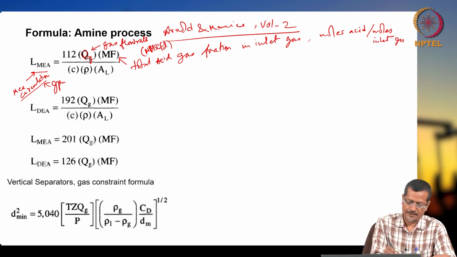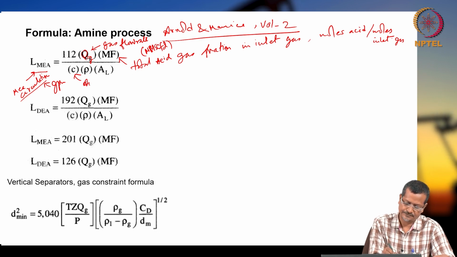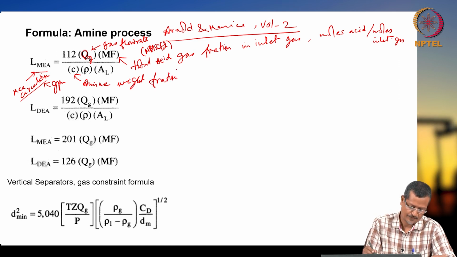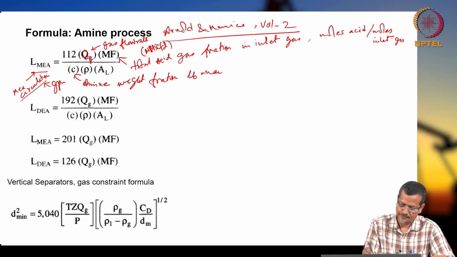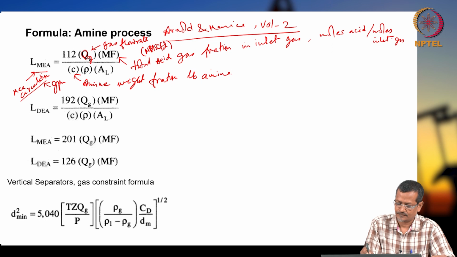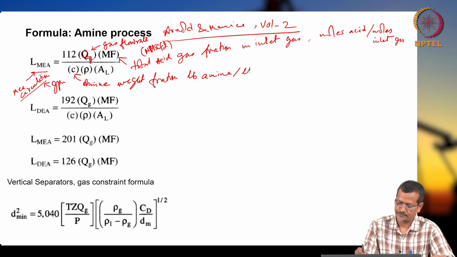And C is the amine weight fraction, that is, pound amine divided by pound solution, okay.